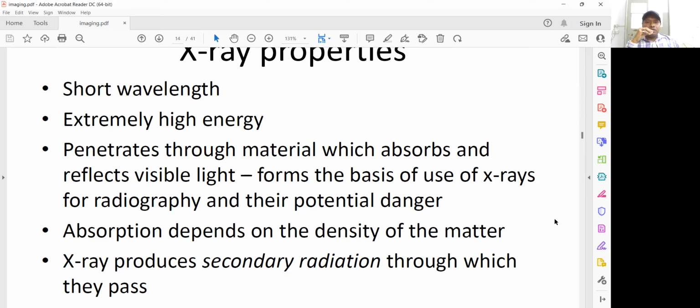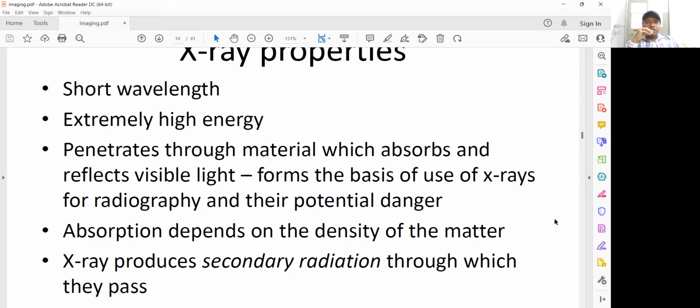Number one is scattered radiation, number two is characteristic radiation, and number three is electrons. So you can guess how important the secondary radiation is. We will discuss these things in detail after some time: what the secondary radiation is and how the scattered radiation has practical importance.